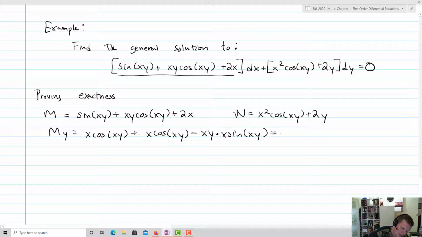This whole thing ends up equaling 2x cosine xy minus x squared y sine xy.